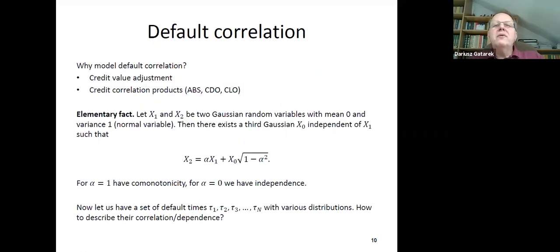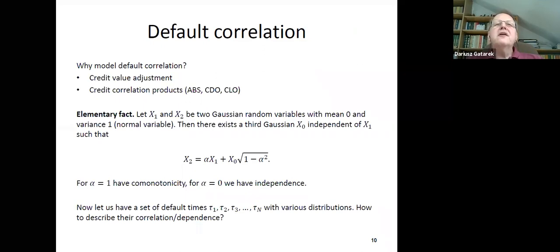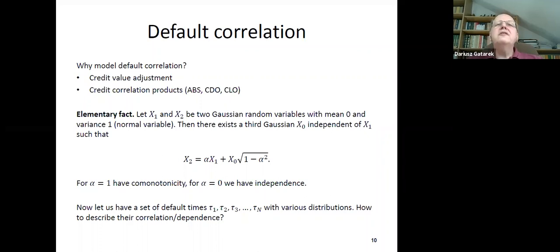And now, so we have reduced the credit risk modeling to interest rate risk modeling. Yes, we said there is no difference between hazard rate and interest rate. So what is good for interest rates is good for credit risk.